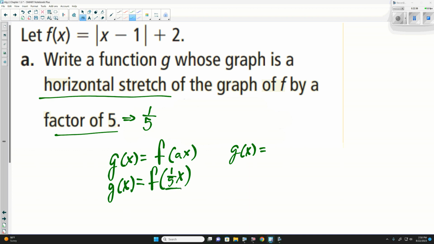Well, we've replaced x with 1 over 5 times x, which means every x in the function is now going to be 1 over 5x. So this is now this, yes? Which means every x over here is going to become 1/5 x minus 1. That's it.